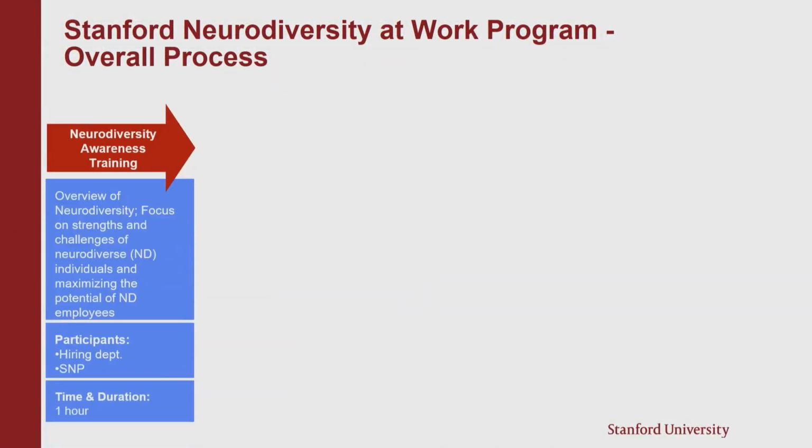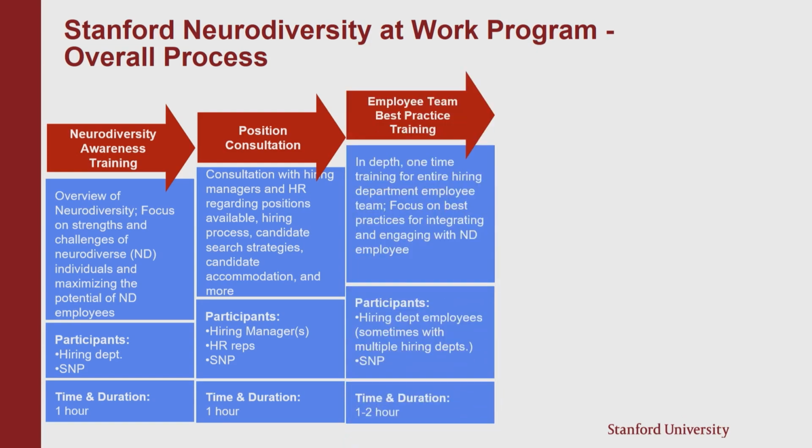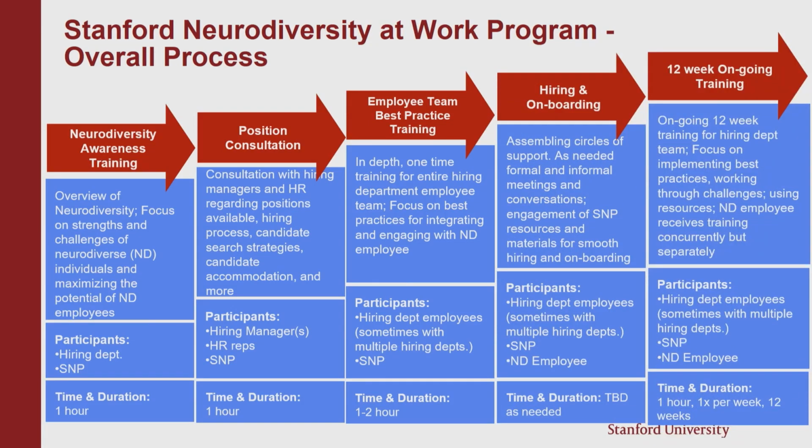The next thing is the Neurodiversity at Work program. We have recently launched this program by helping with facilitating the hiring of an individual on the spectrum to work at Stanford in the School of Medicine.